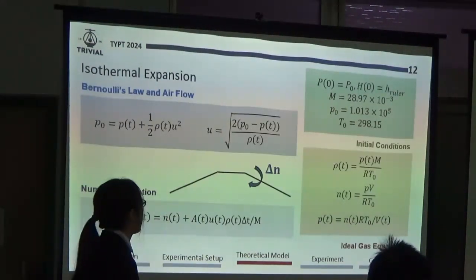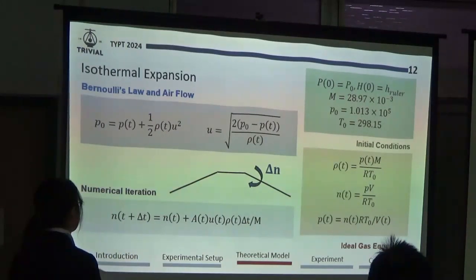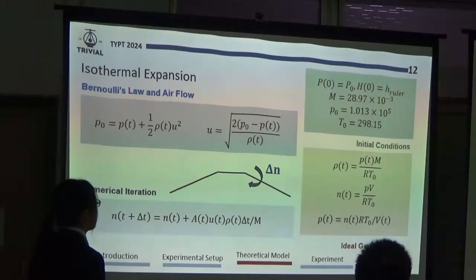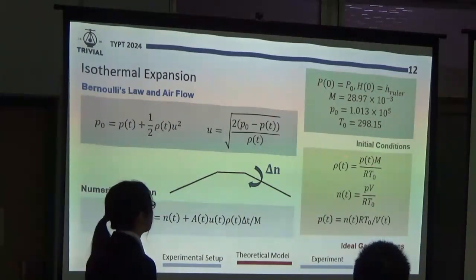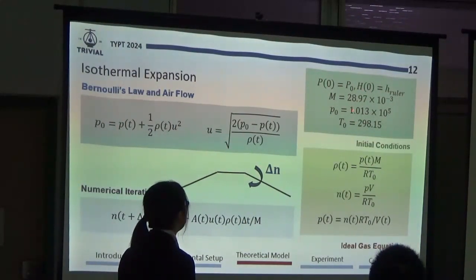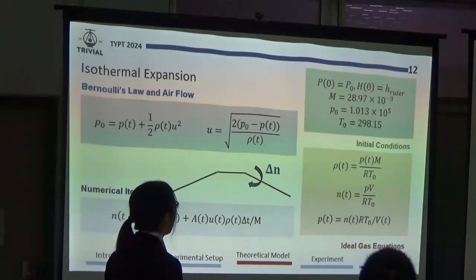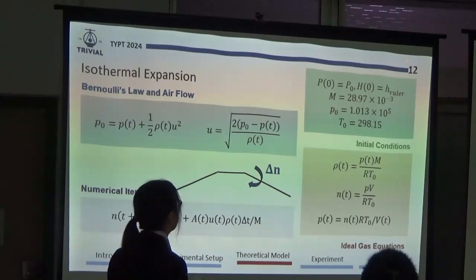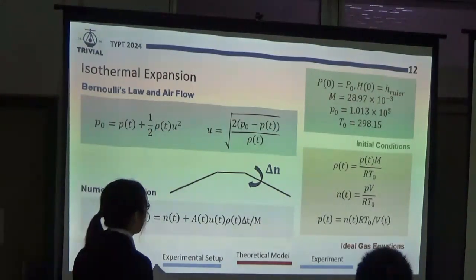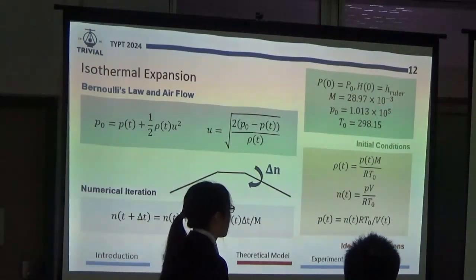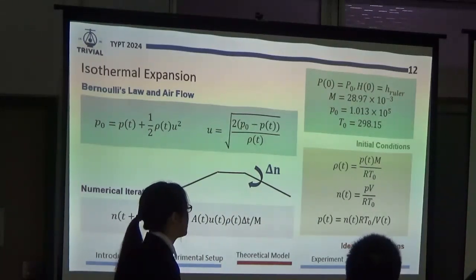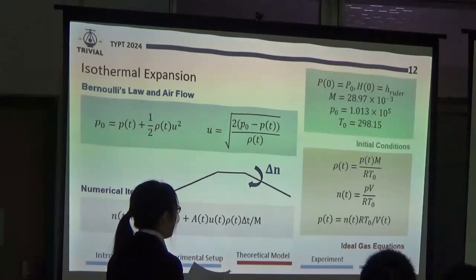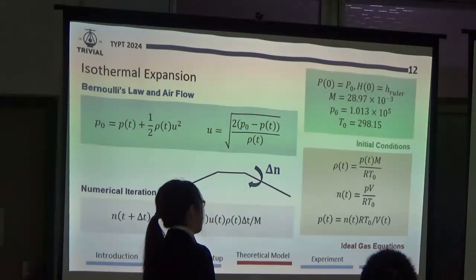Now we can apply some laws to numerically simulate the physical scenario. Let's look at the initial conditions. The pressure here is the atmospheric pressure, and the height is the ruler's height itself. Here are some other parameters. For the ideal gas equation, we can use either PV equals nRT or P equals rho times RT to model the behavior of the gas.